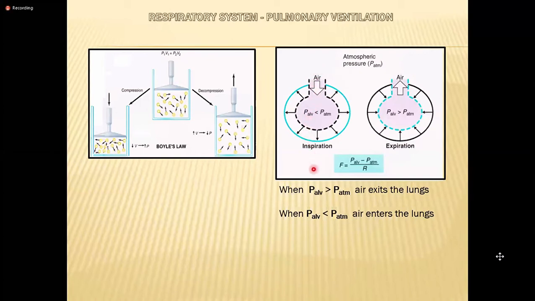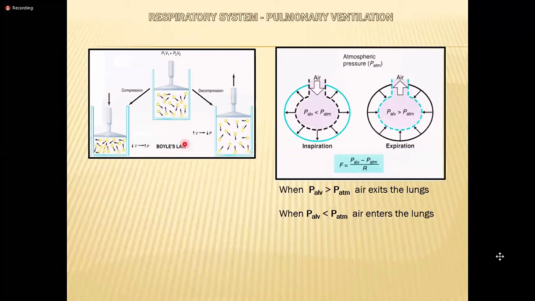So alveolar pressure should be -1 so that air can go inside the alveoli. That is your inhalation. It's more or less like this.